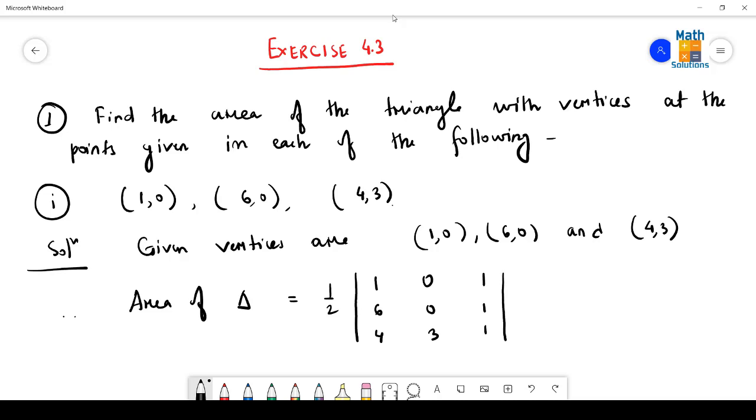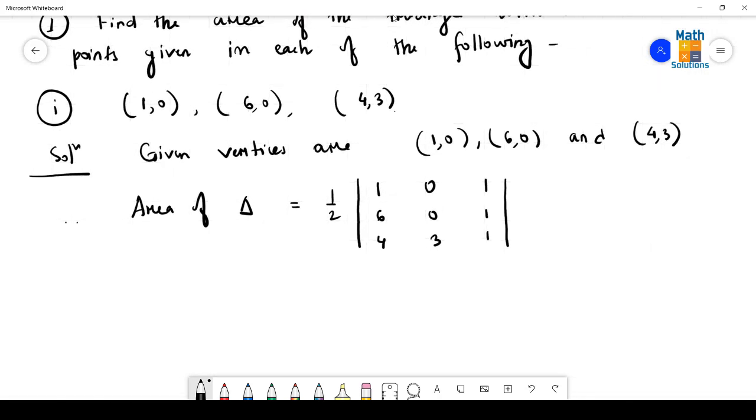We know that in a determinant, the row or column which carries the maximum number of zeros is convenient for expansion, but expansion can be done along any row or column of the determinant. It depends on the student's choice. So here in this case, expanding along the first row, I shall get 1 into (0 minus 3).